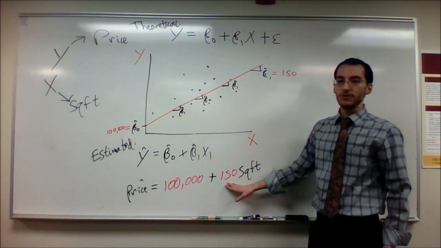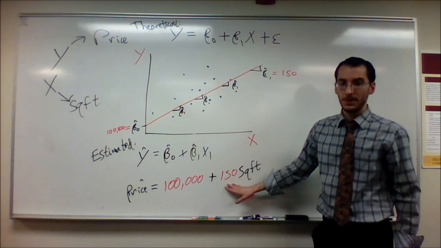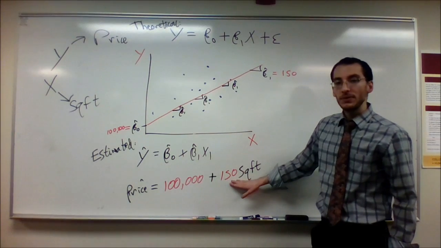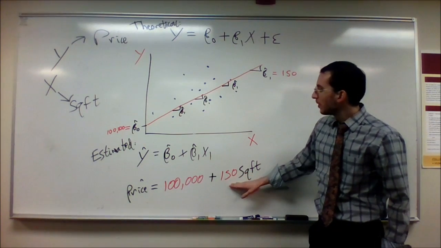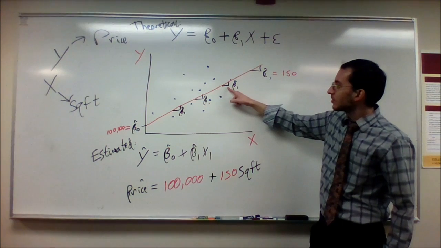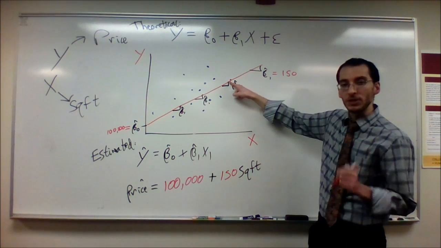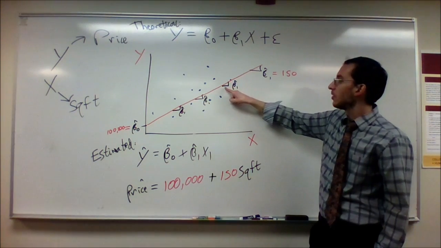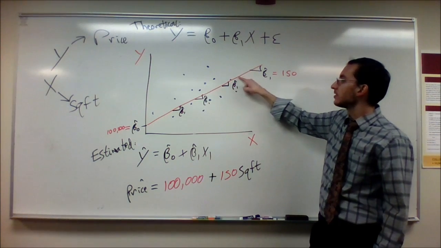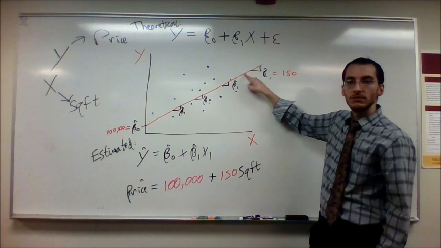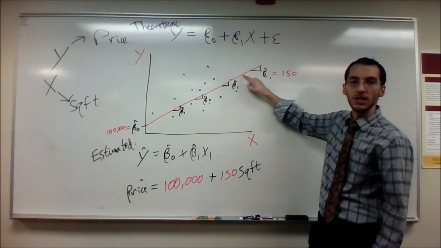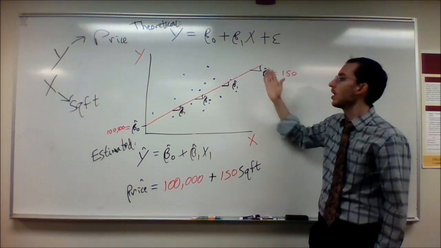What about this 150? Well, it's a slope. Remember that a slope is a unit change in x corresponding to a change in y. So it's a run and it's a rise. It's a change in x, it's a change in y, consistently.